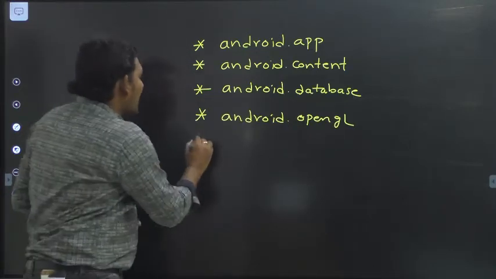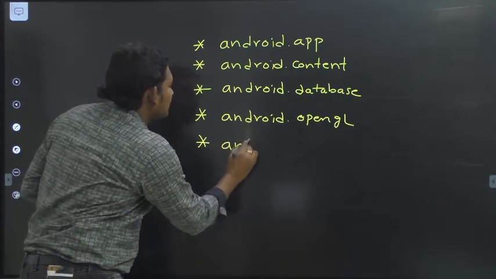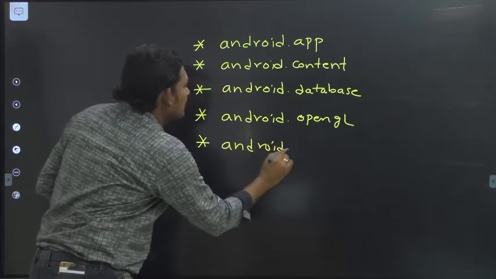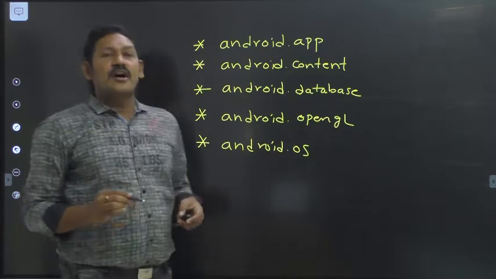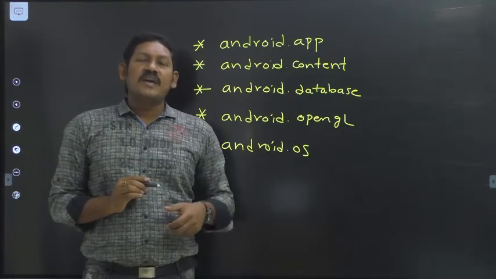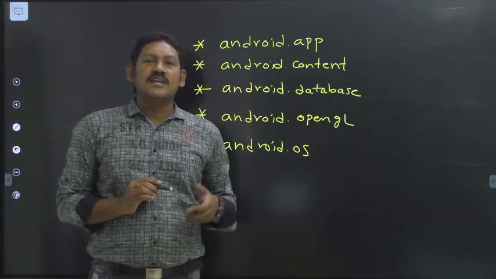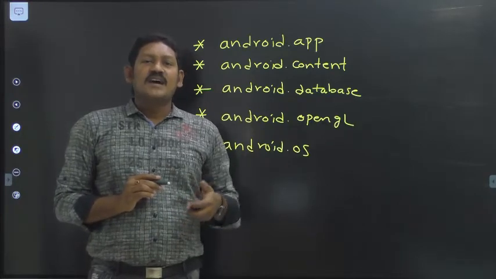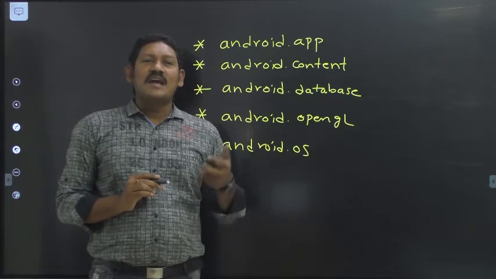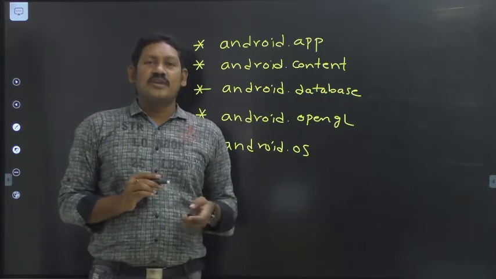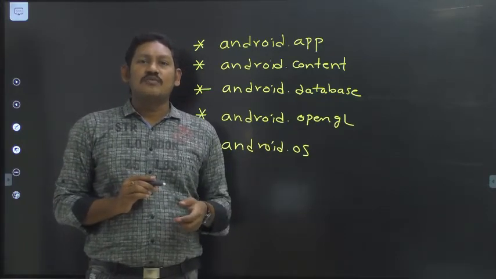Next one is Android.os. It provides applications with access to standard operating system services, including messages, system services, and IPC, inter-process communication.